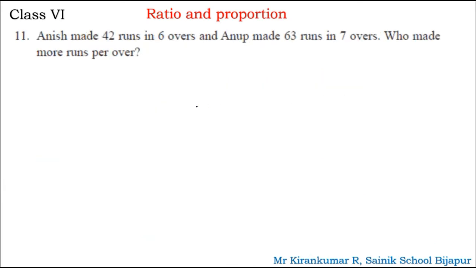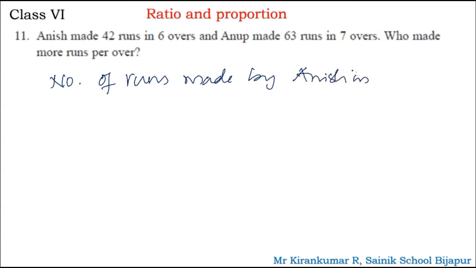Question 11. Anish made 42 runs in 6 overs and Anup made 63 runs in 7 overs. Who made more runs per over? It's like the previous question. We are given that the number of runs made by Anish in 6 overs is 42.